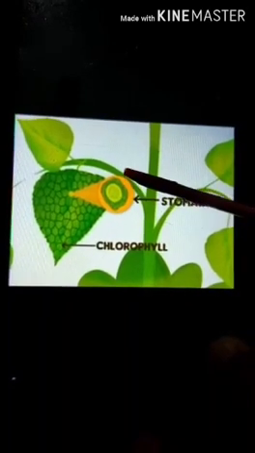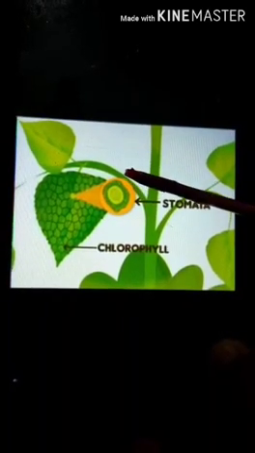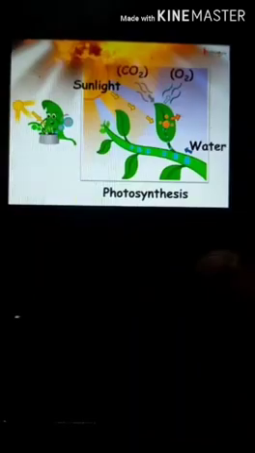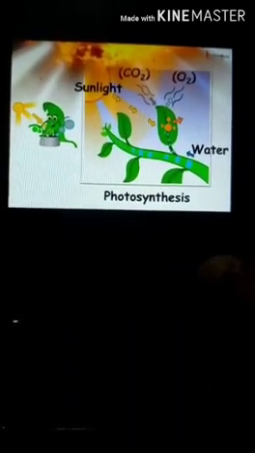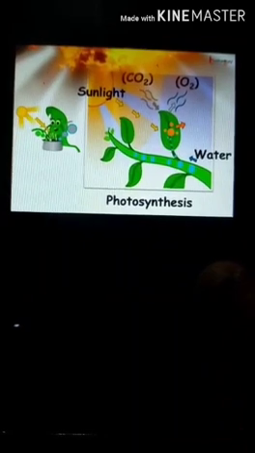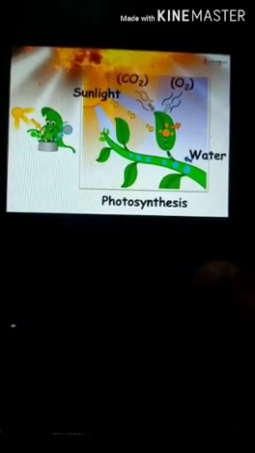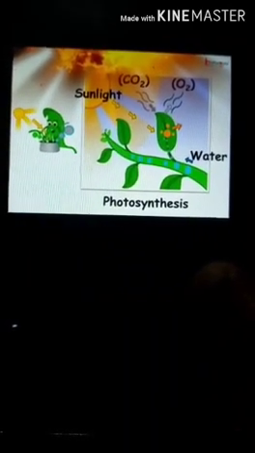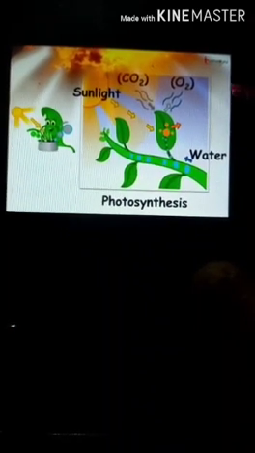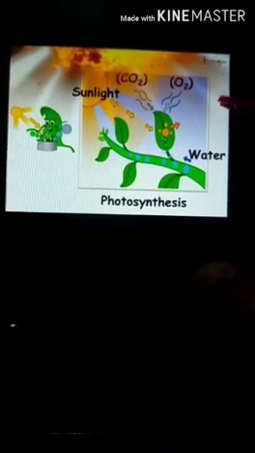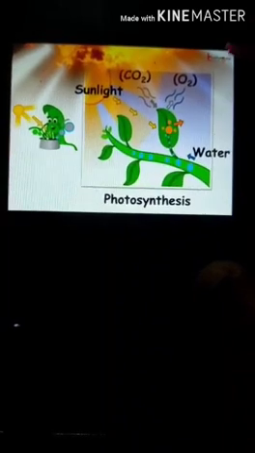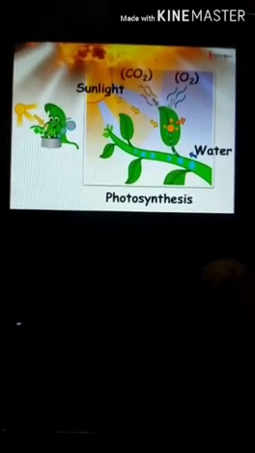Do you know, even plants need food like we do? Just as we need food to grow and stay healthy, plants also need food. The process by which plants prepare their food is called photosynthesis. But who prepares the food for the plant?